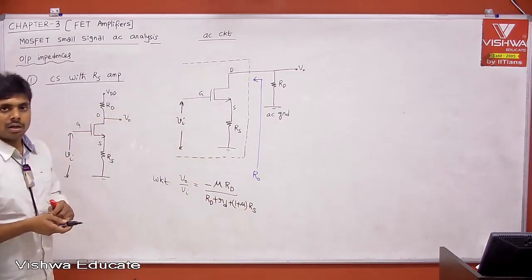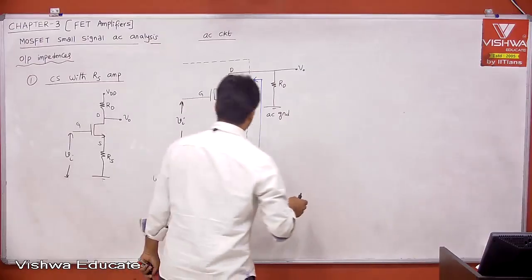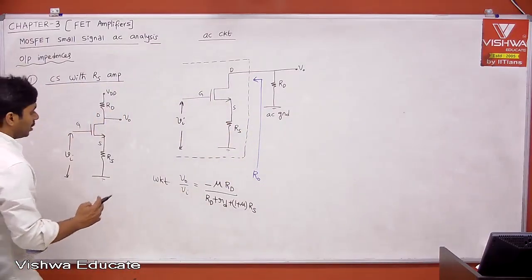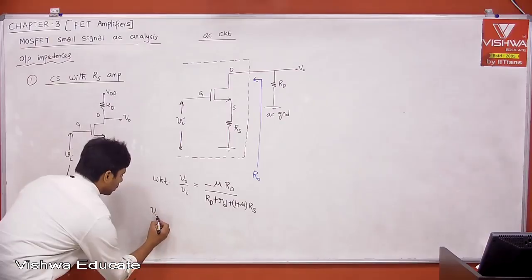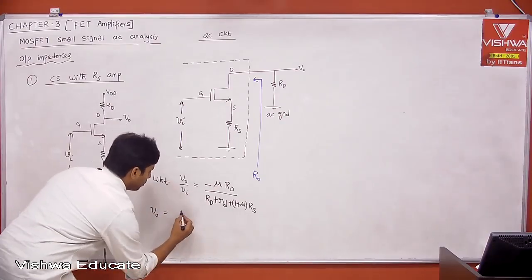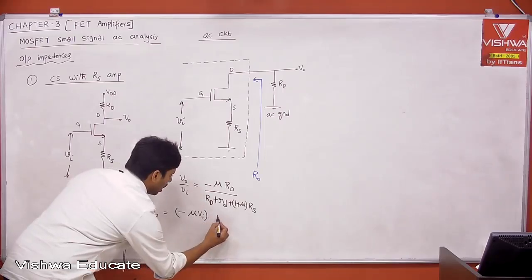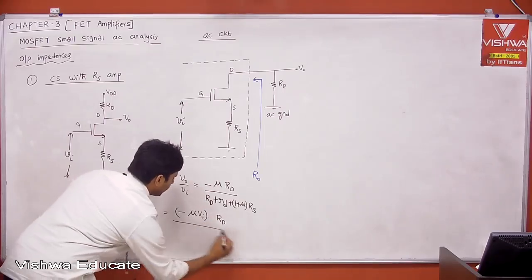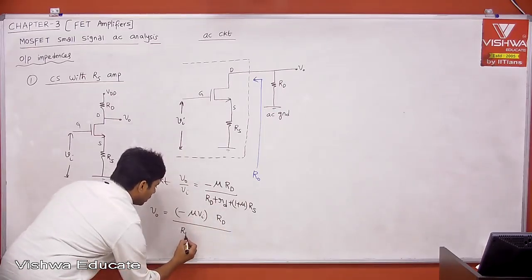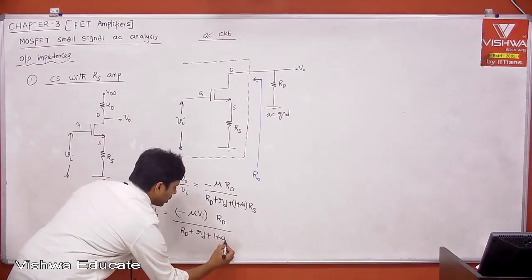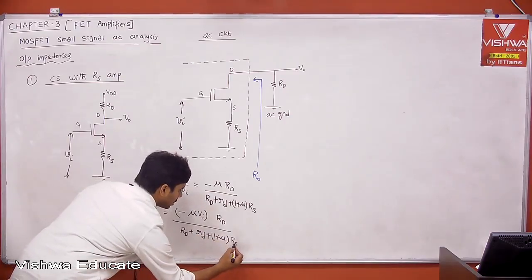Then tell me what V naught is. V naught is equal to minus mu into Vi into RD divided by capital RD plus small rd plus 1 plus mu into RS.